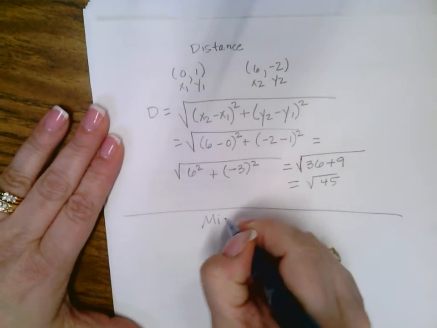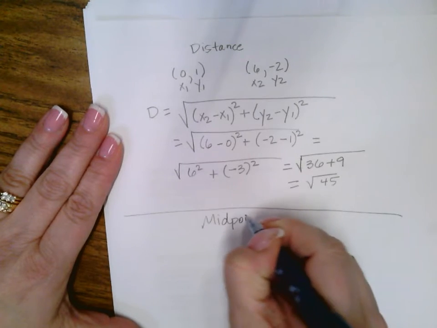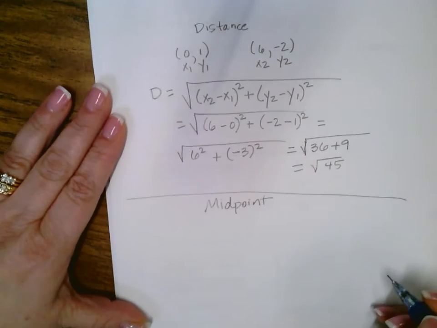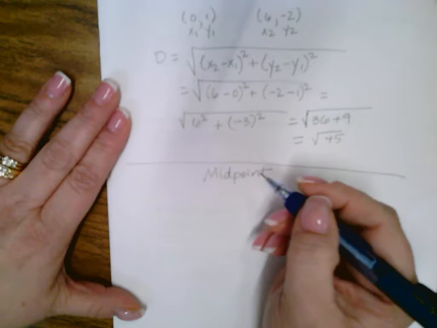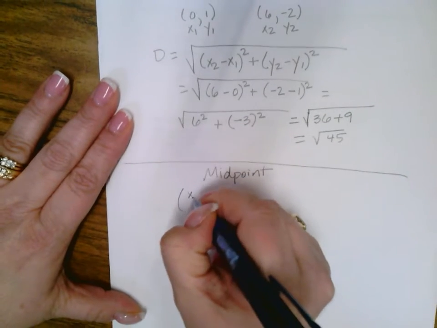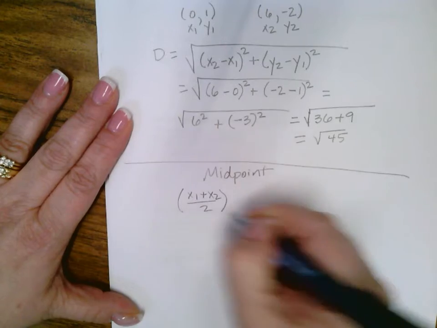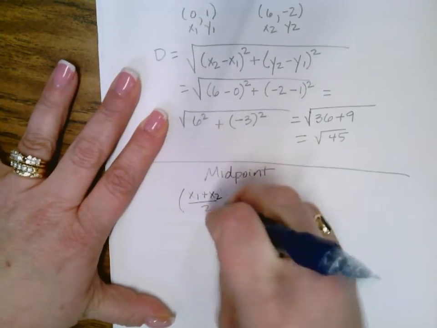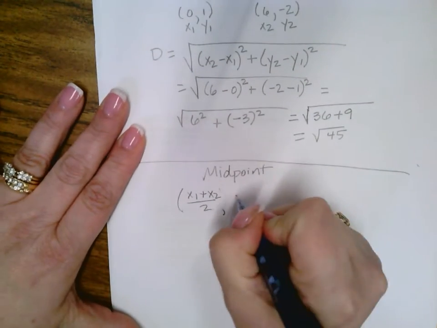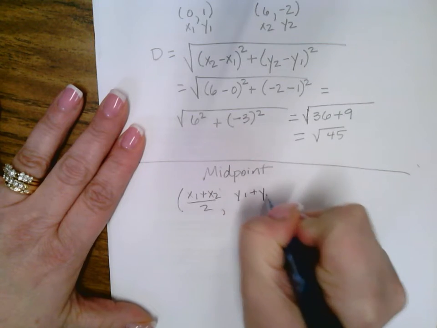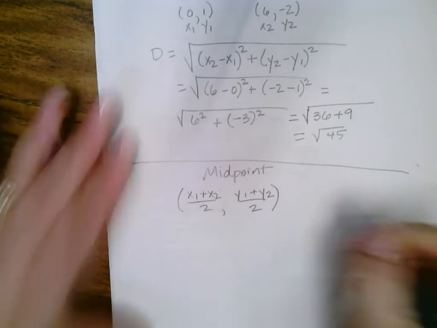If I want to do the midpoint, we normally use SAD, but I wanted to show you the midpoint formula, how that looks. We use x1 plus x2 over 2, y1 plus y2 over 2.